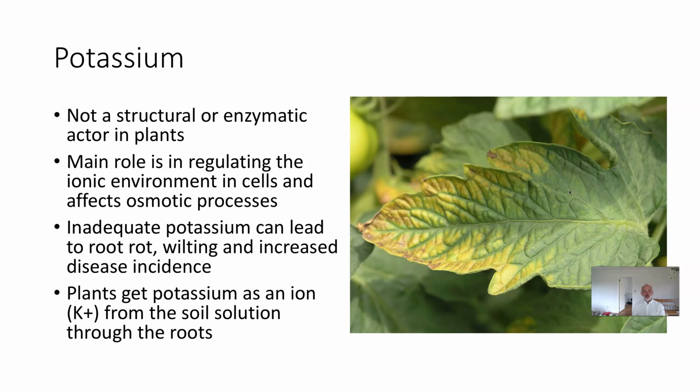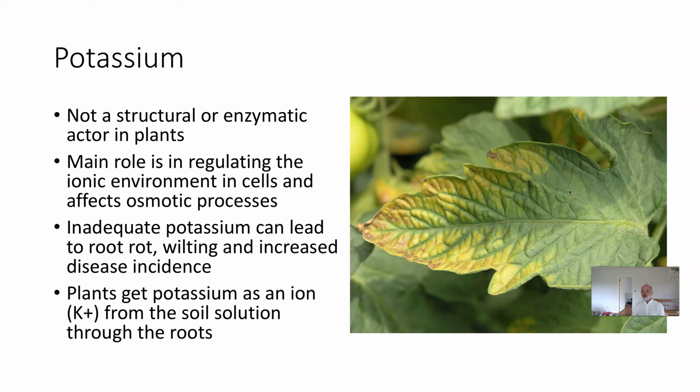Inadequate potassium can lead to root rot, wilting, and increased disease incidence. What we see on the right here is a potassium deficiency in a tomato plant. I put this in here because, not just for these three macronutrients but for other nutrients as well, there are signs that you can easily see.